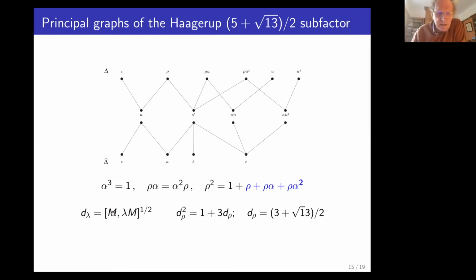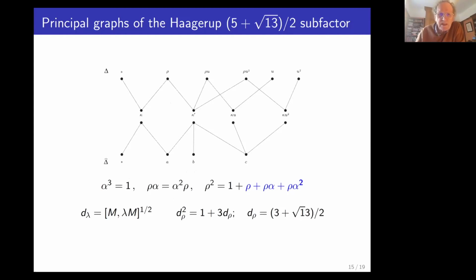If I take the square root of the index, I get this statistical dimension, and then it's well known that this is a better notion to compute, because it's not just multiplicative, it's additive. So I can replace these formulas by numbers, and we get these quadratic equations, and that leads to this number root 13. So this system is clearly not commutative, so it's not going to be braided.